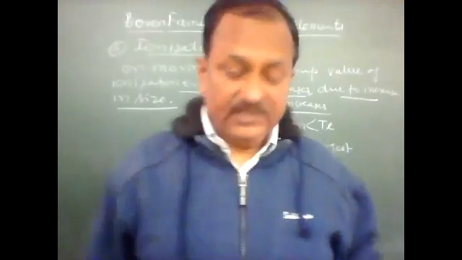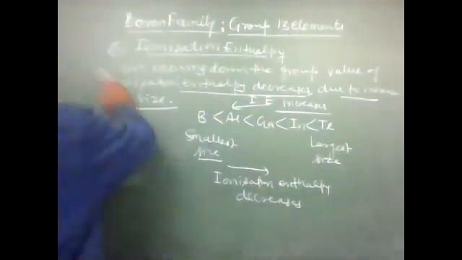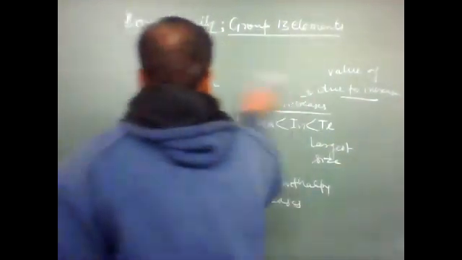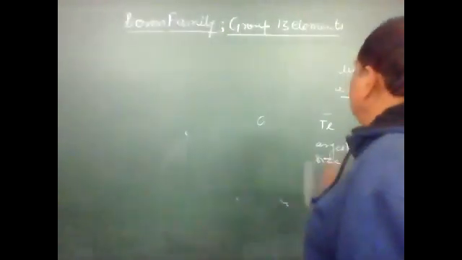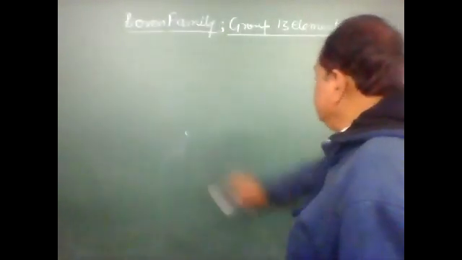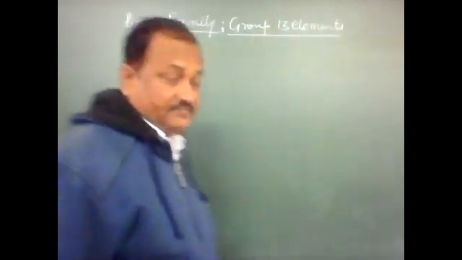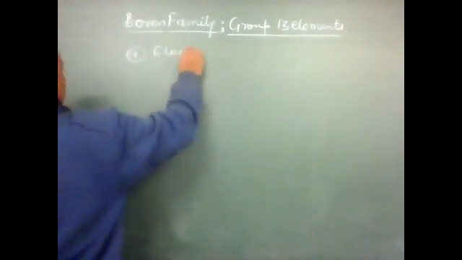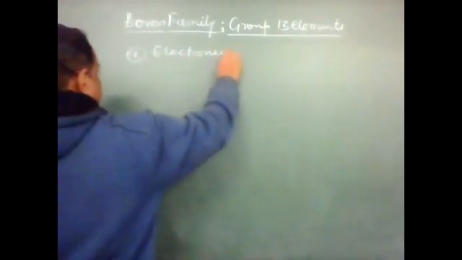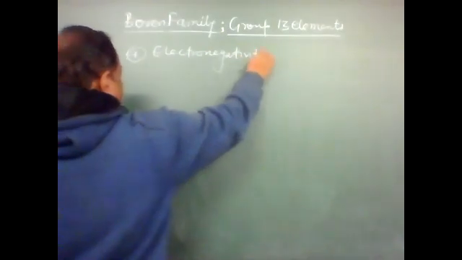Now, the next important part is the fourth. After ionization enthalpy, the fourth is electronegativity.